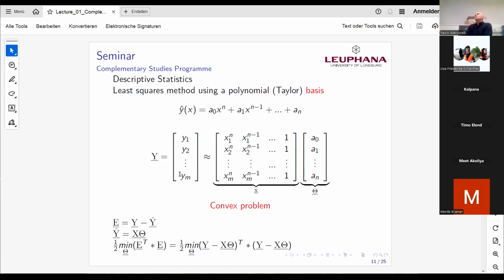I would like to calculate a0, a1, an, and what I know is totally split with respect to what I don't know. What I don't know is localized in this vector. This expression represents our condition.